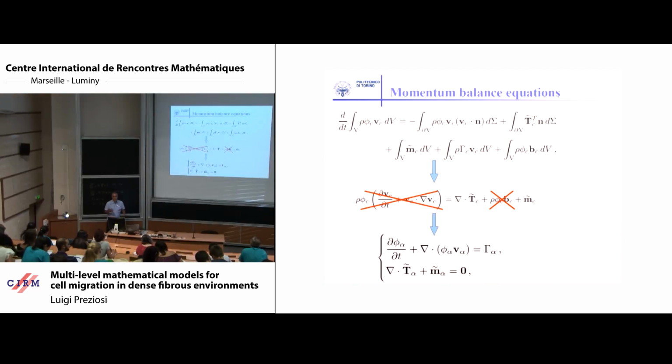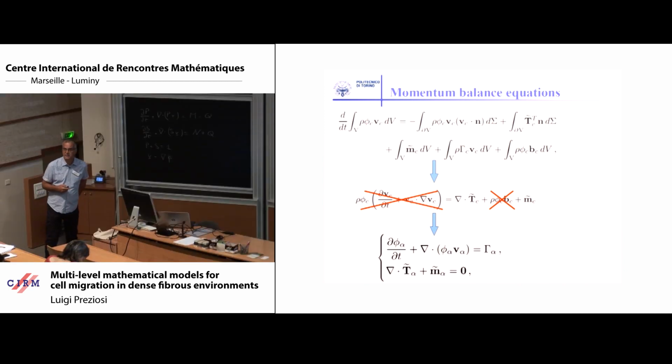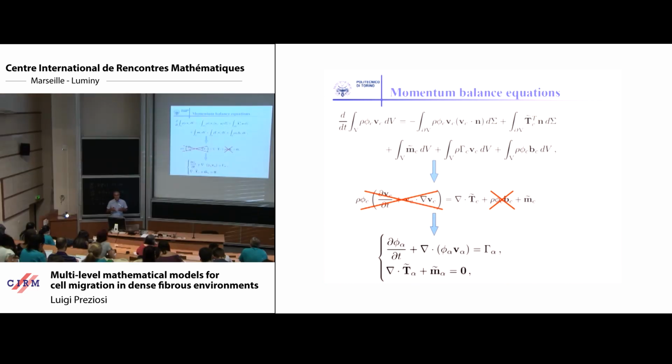So at the end of the story, in a nutshell, mixture theory writes down a set of mass balance equations and a set of, I would say, force balance equations, in which the stress is balanced by the interaction force. So the difference between these two terms is the following. This is a term that takes into account the interaction within the constituents.